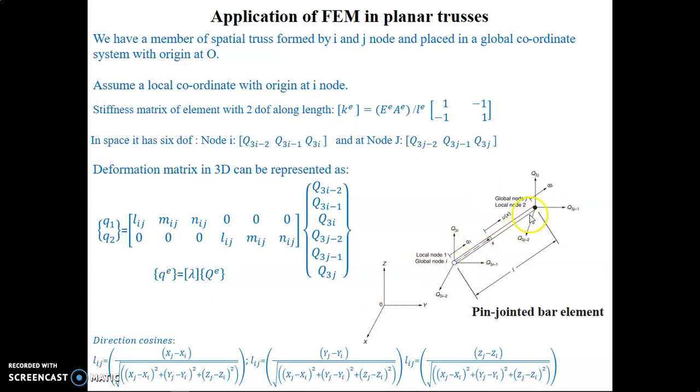One member of the truss is shown here, connecting the ith and the jth node. When we consider only this member, it corresponds to a 2 degree of freedom system, with displacement at the ith point as q1 and displacement at the jth point as q2.